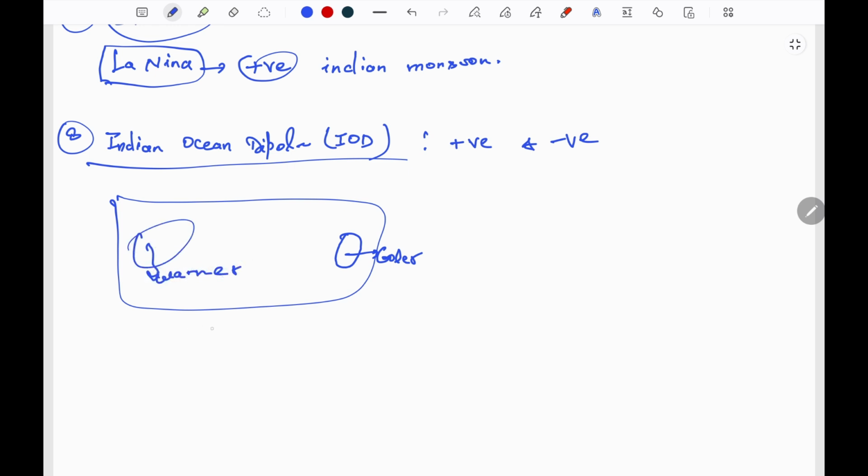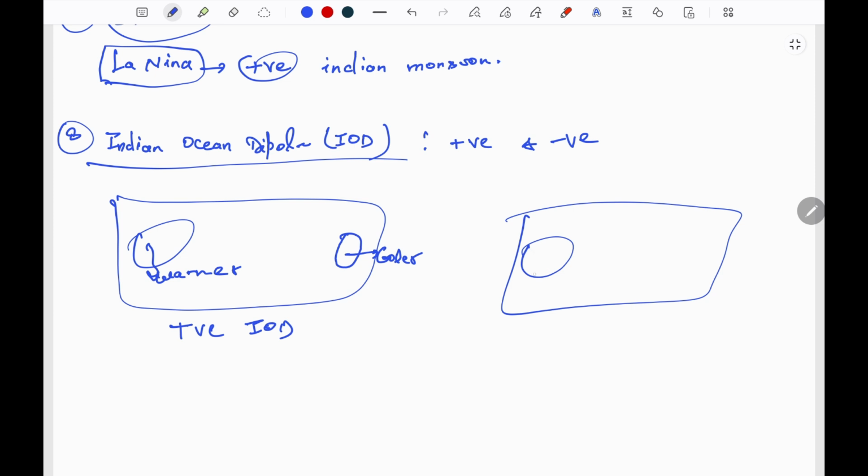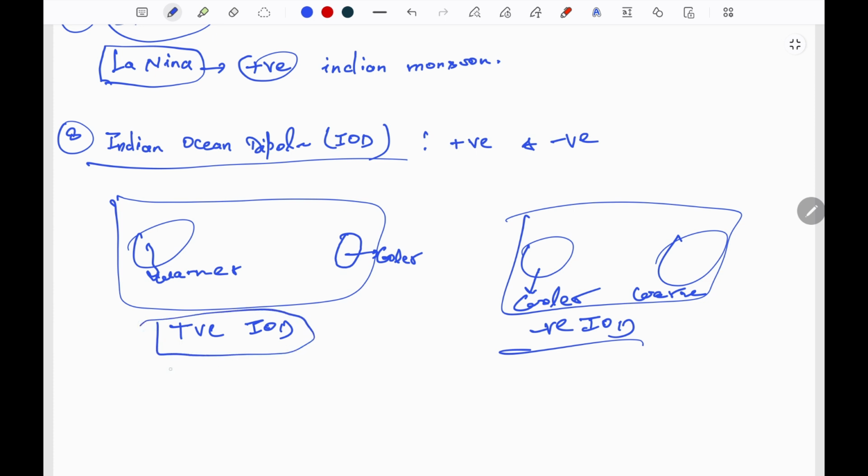This is the positive phase of IOD. In the negative phase, the western side will become cooler and the eastern side will become warmer. So in the positive phase of IOD, it will strengthen the monsoon system and bring more rainfall to India. And in the negative phase, the monsoon rainfall will be reduced.